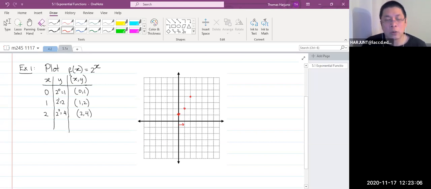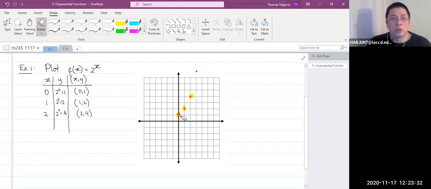So when x equals 0, the y is 1, right? When you move 1 unit to the right, the 1 multiplied by 2 becomes 2. You move another 1 unit to the right, the 2 becomes 4. Move another 1 unit to the right, the 4 becomes 8. Like that. Does it make sense? That's if the base is 2.